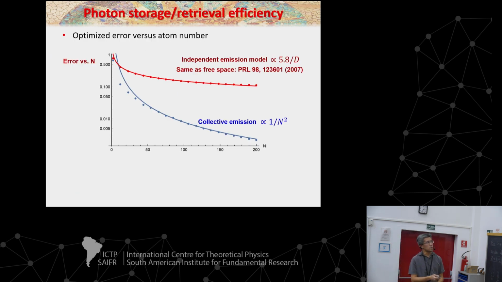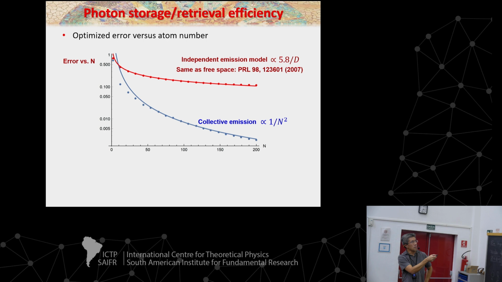And when you do that, here's the answer. What I'm plotting here is the error of the quantum memory as a function of atom number. To compare, if I took the Green's function for the nanofiber and just put in by hand single atom spontaneous emission, in other words the Maxwell-Bloch equations, I get an asymptotic scaling that's 5.8 divided by optical depth. That's the known result from textbooks or from papers.